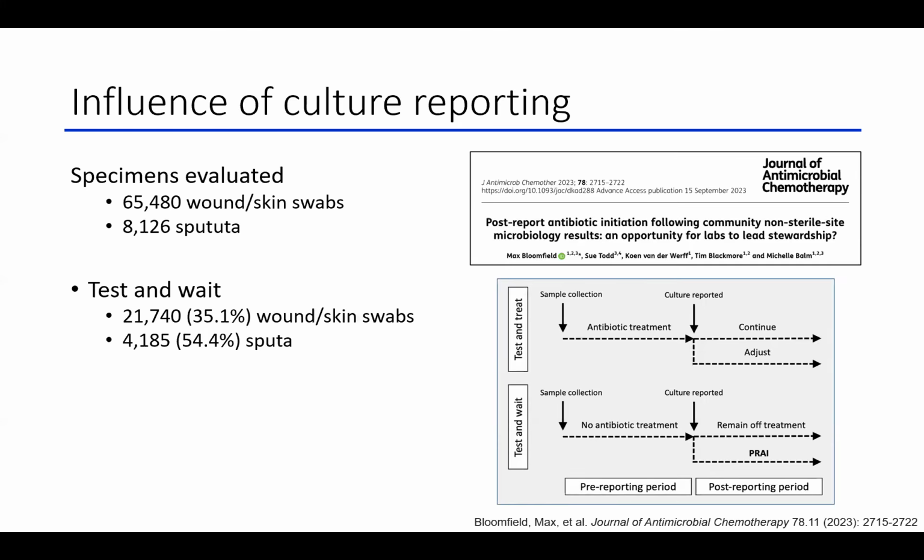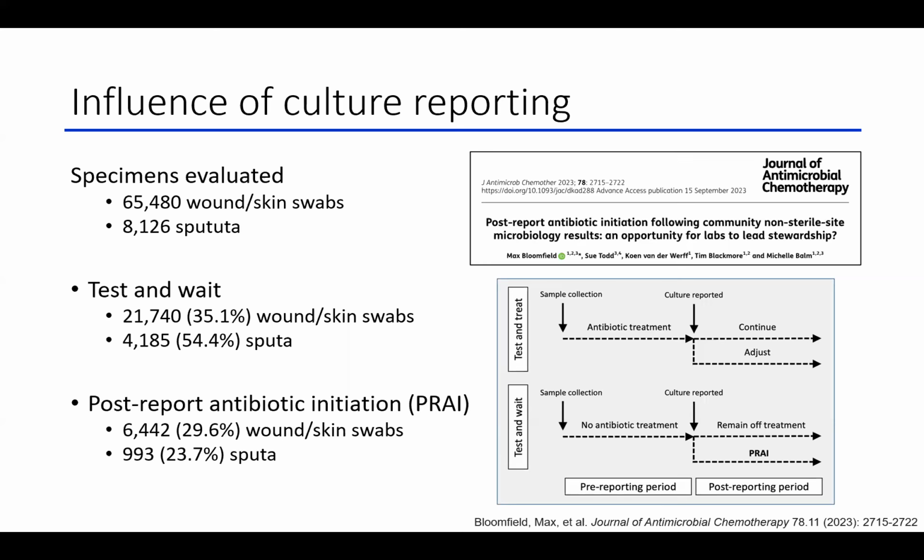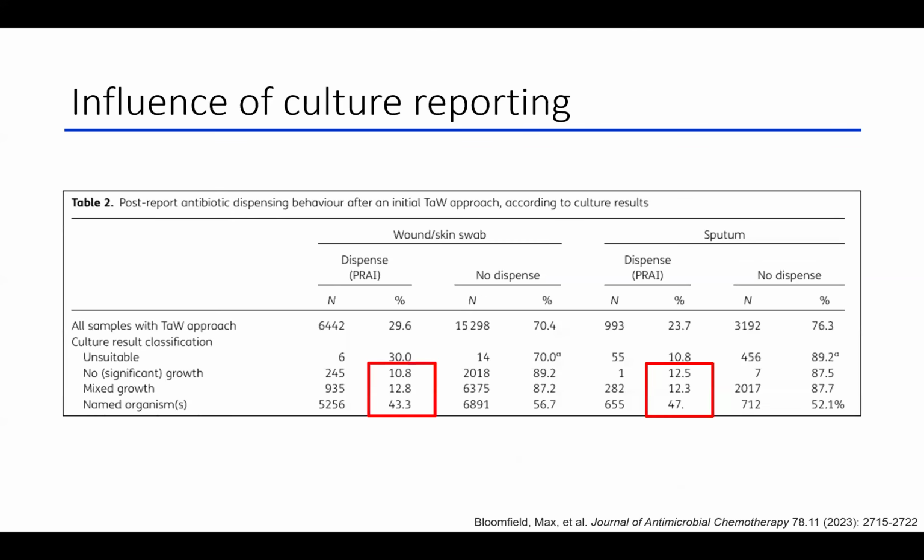What they looked at here is that in the test and wait category, they had about 35% of the wounds and over 50% of the sputa. When the culture report was released, they found that 30% of the wounds and skin swabs had antibiotics prescribed, and about 23% of the sputa. But how did it break down based on reporting categories?